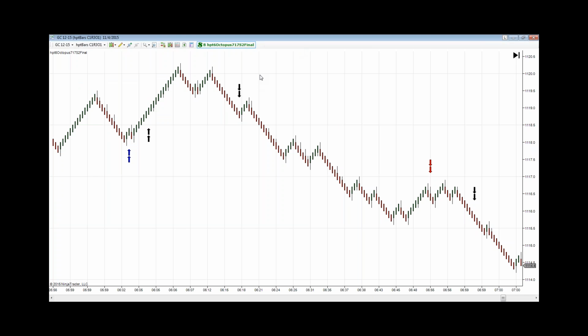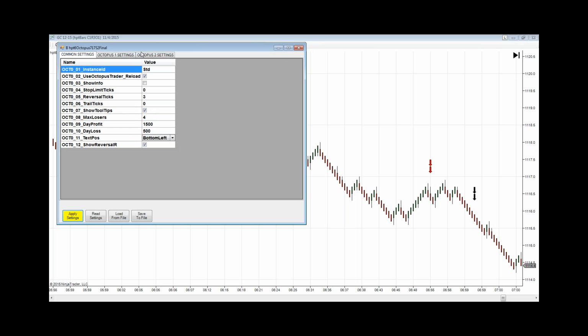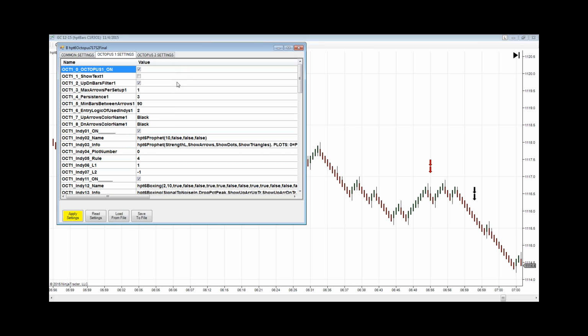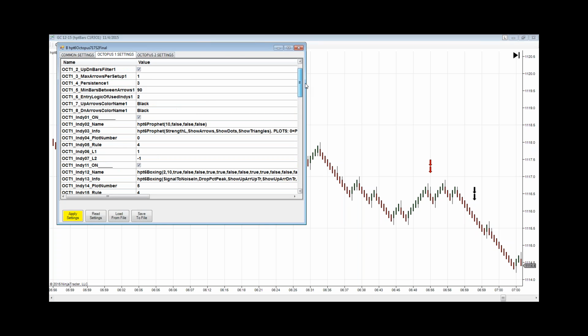And again, notice it's trading both Octopus 1 and Octopus 2. And just a point of reference, Octopus 1 is producing the black arrows, Octopus 2 the blue or the red arrows. Let's take a look at what it's doing. All right, Octopus 1. There's not a lot of trade signals because they're spaced 90 bars apart. We don't want to get too many, but what is it doing?